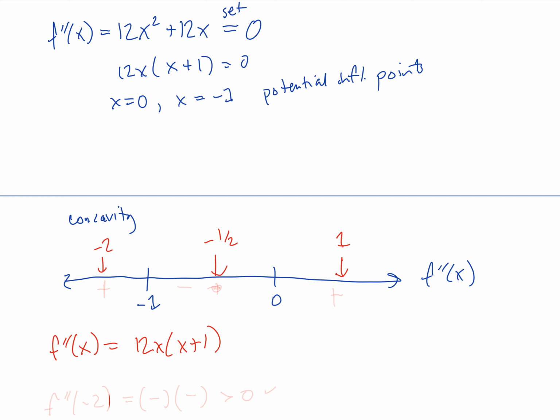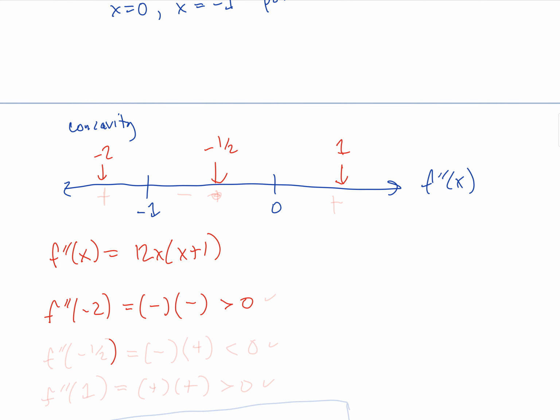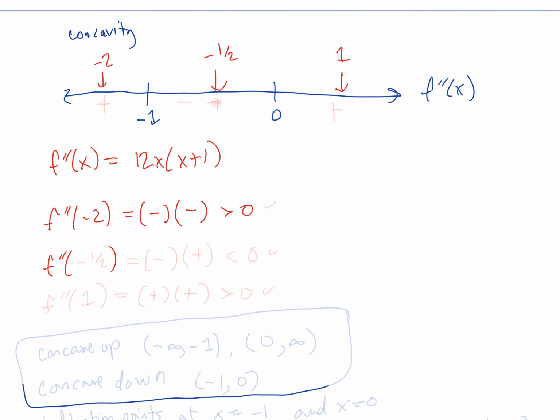So for f double prime of -2, that would be 12 times -2, which is negative, times -2 plus 1, which is also negative, so that's going to be greater than 0, positive. F double prime of -1/2: 12 times -1/2 is negative, but -1/2 plus 1 is positive, so a negative times a positive is going to be less than 0.